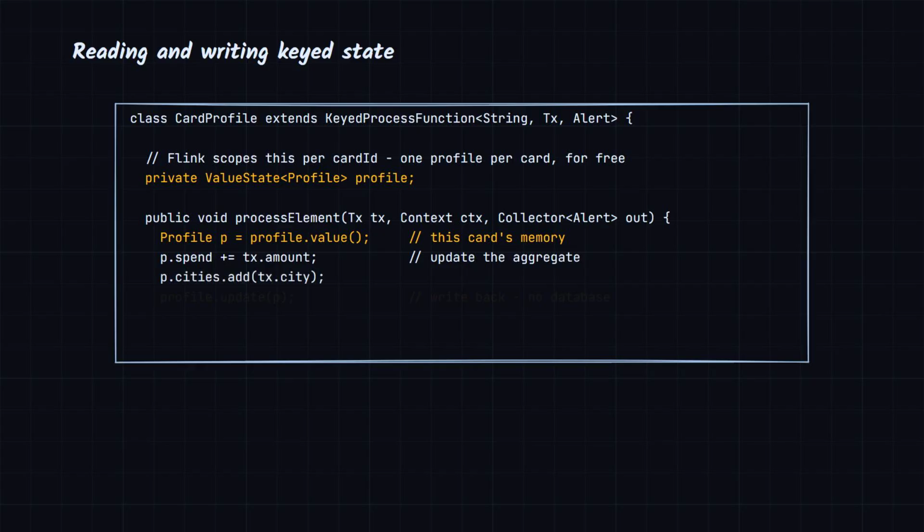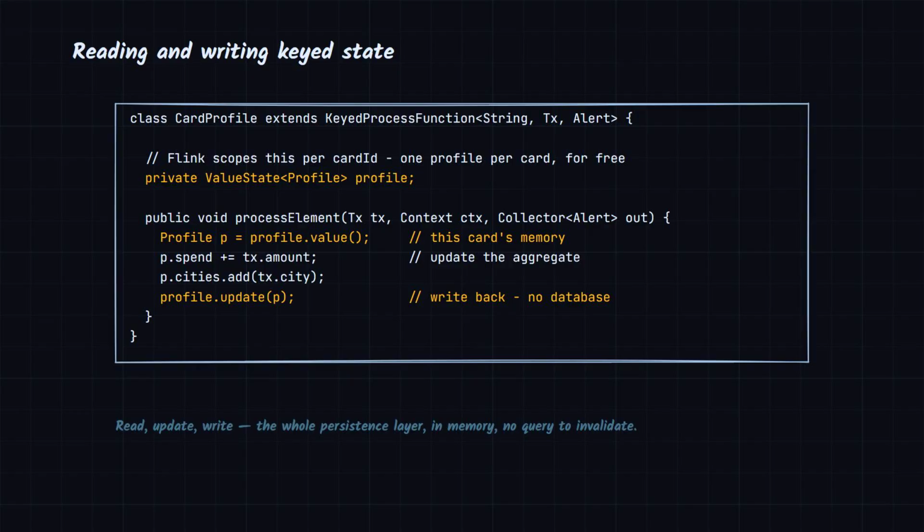Read, update, write. No query, no connection pool, no cache to invalidate. The important line is the last one, profile.update. That is the whole persistence layer, and it is happening in memory in the same process that is evaluating the rule.